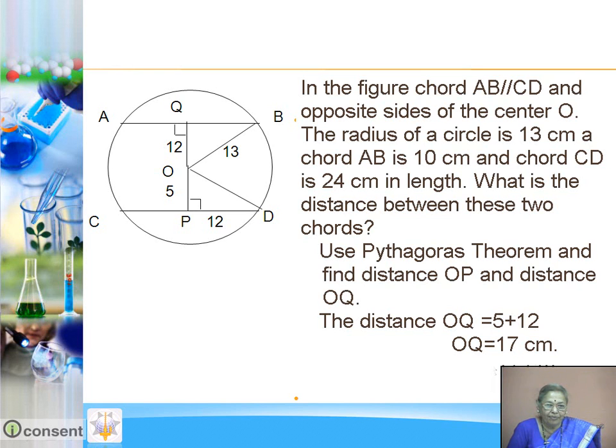Observe the figure and find out the length of the chord AB. Here you have to use Pythagoras theorem twice. When you use it two times, you will see that 5, 12 and 13 is the Pythagorean triplet.